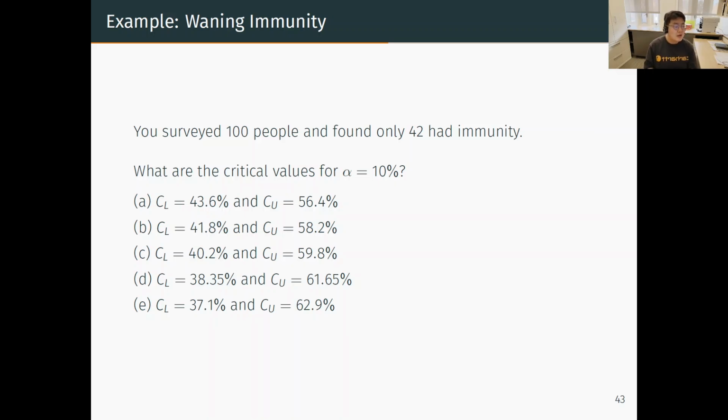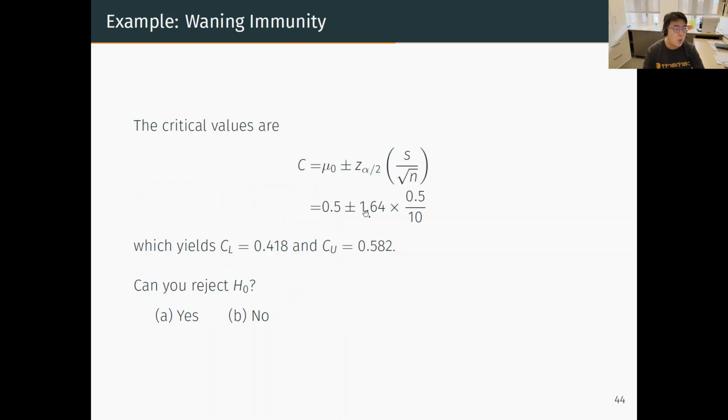If we use a 10% significance level, what are the critical values? It's your exercise. So a 10% significance level implies z alpha over 2 equals 1.64, right?